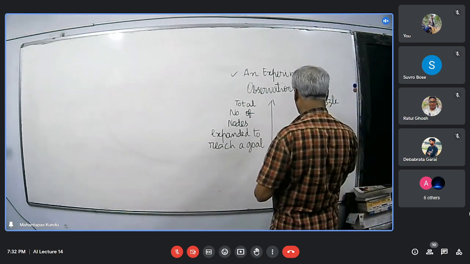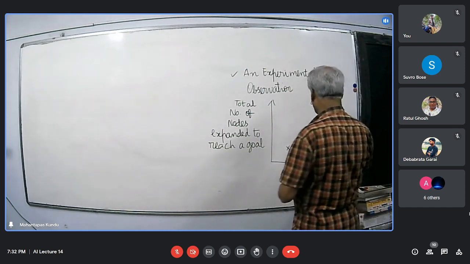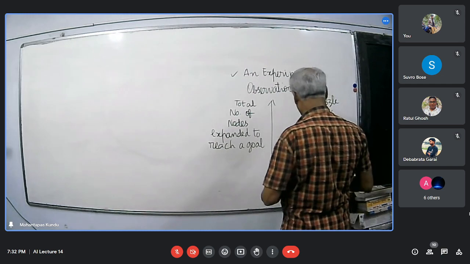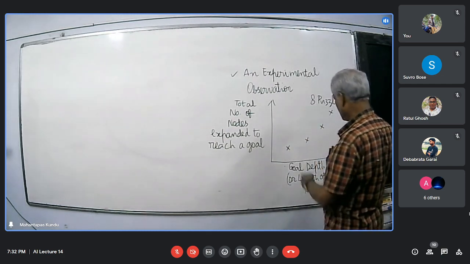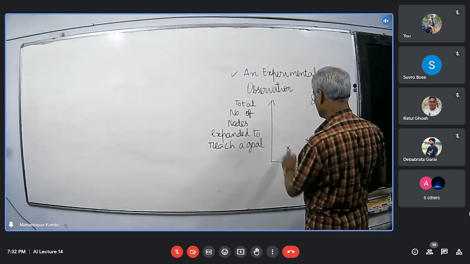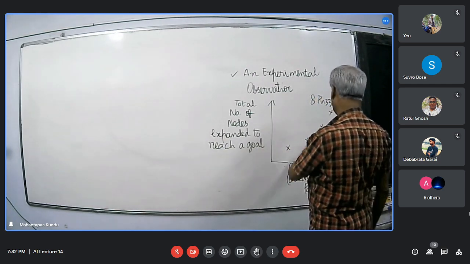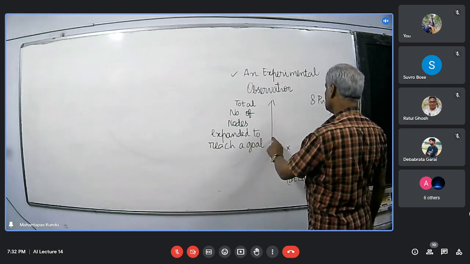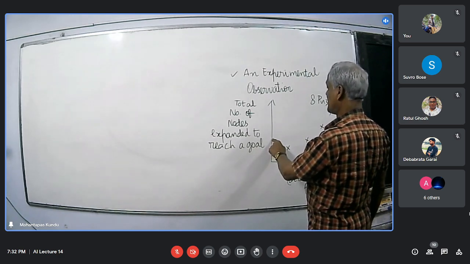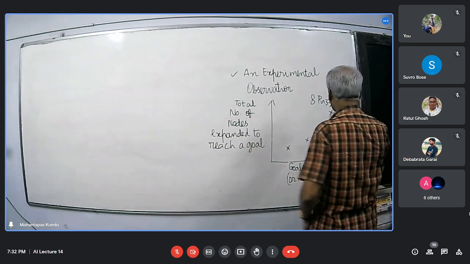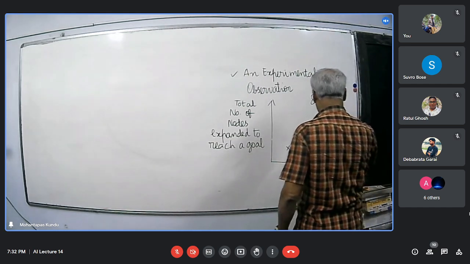And let us plot this over this plane. That means for this goal depth, this is the total number of nodes expanded to reach a goal. For this goal depth, this is the total number of nodes expanded. Now you join these points.